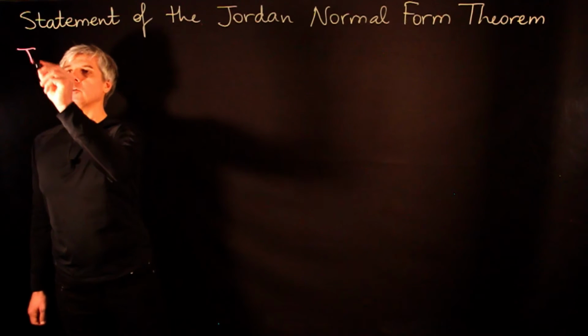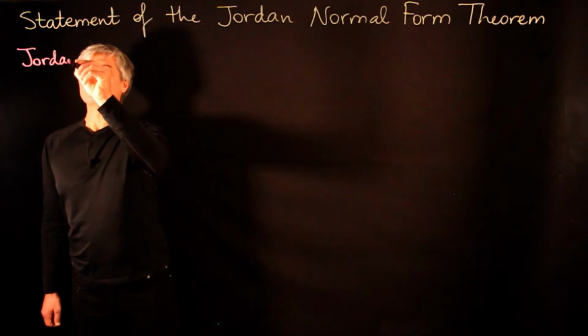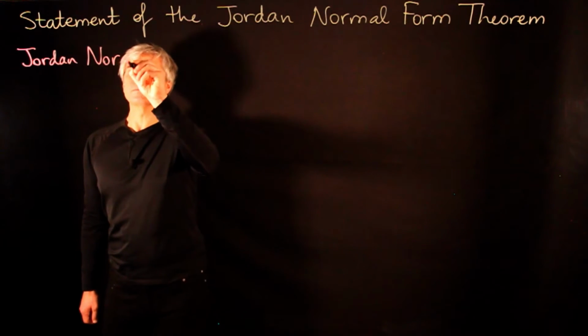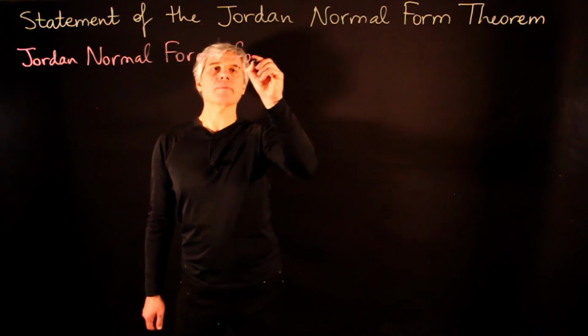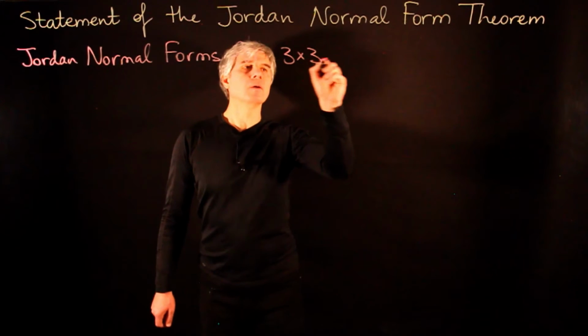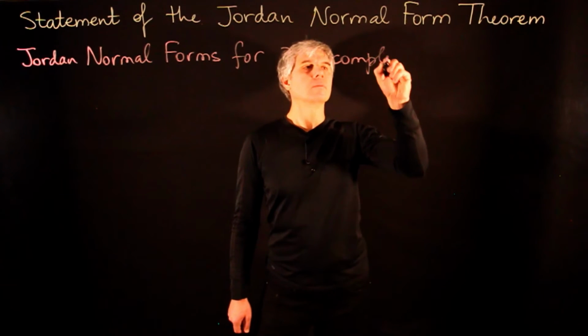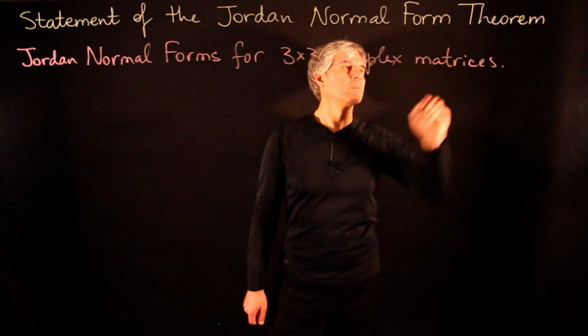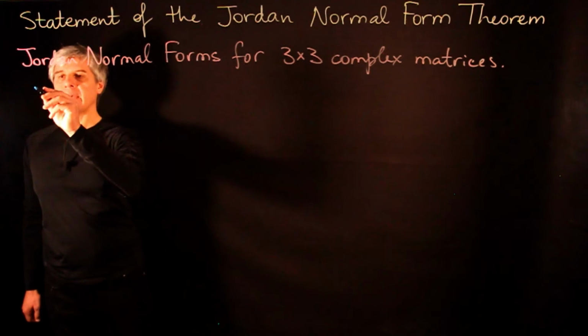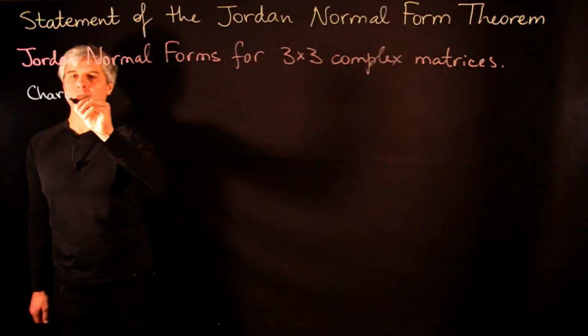Let us list Jordan normal forms for 3 by 3 complex matrices. We start by looking at characteristic polynomials.